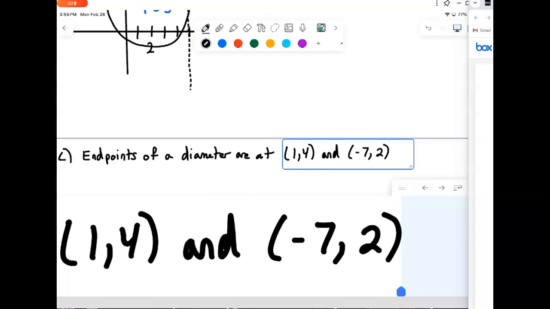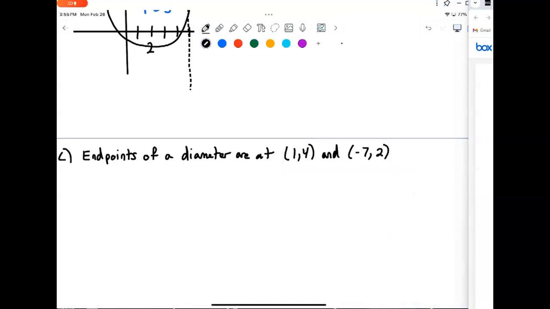Okay. So the endpoints of a diameter are at 1, 4 and at negative 7, 2.